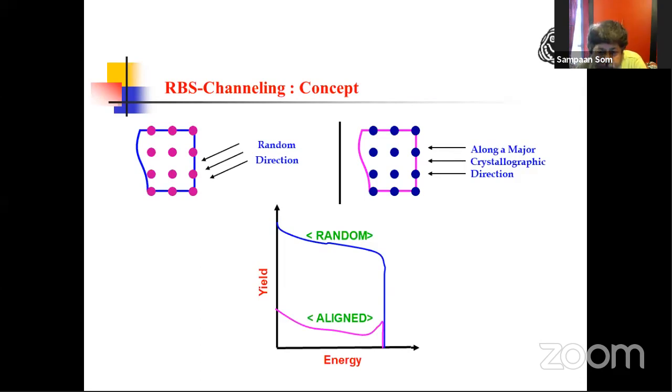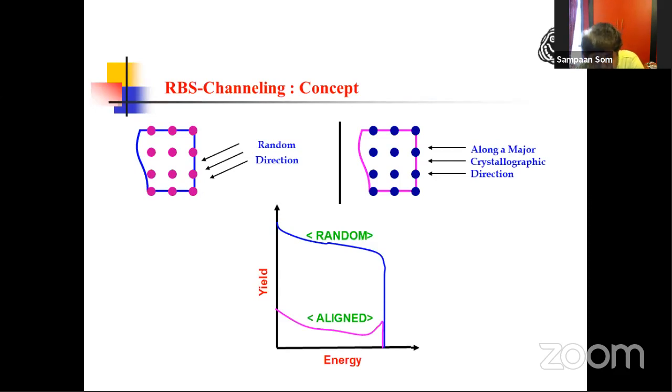That will get manifested through this schematic diagram. When the beam falls on the target in any orientation, we get to see a normal random spectrum, okay? But the moment we align the crystal, which is a manual job, that's the beauty of that experiment, the scattering yield, that means the backscattering yield, drastically reduces.